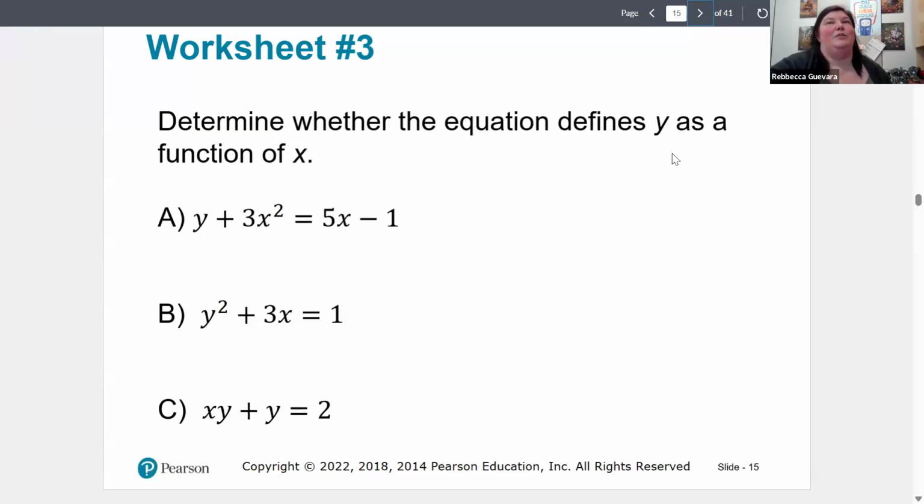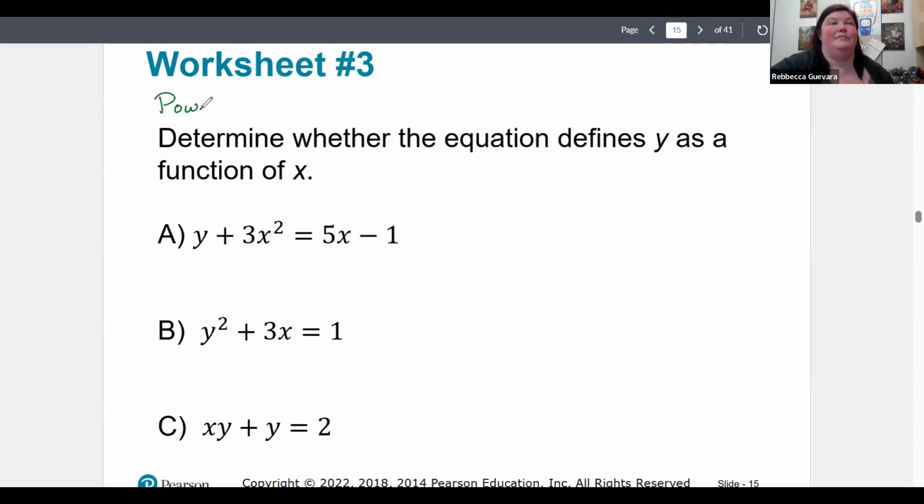Okay, so we're going to determine whether the equation defines y as a function of x. So as I said before, if the power of y is even anywhere, it is not a function.